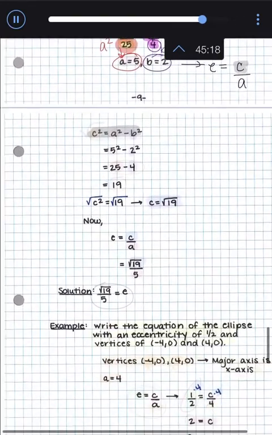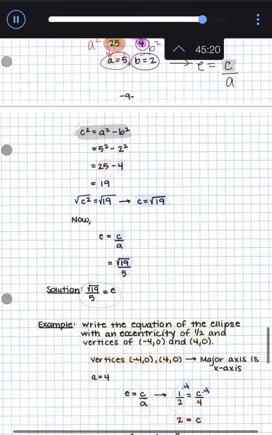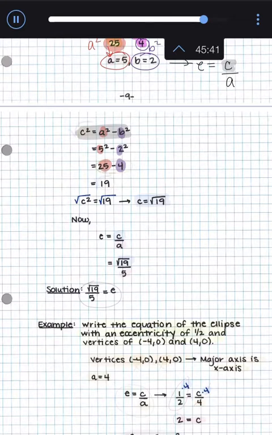We said our A is 5, so A squared will be 25. We also found out our B was 2, so B squared will be 4. When we subtract, 25 minus 4 is 19.